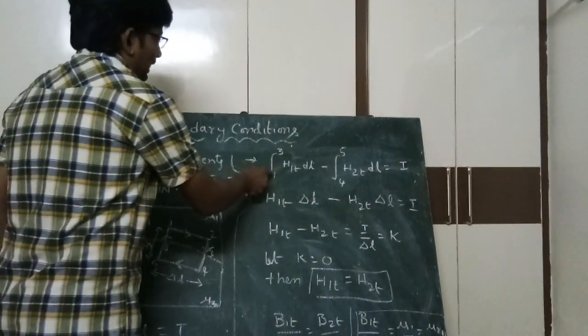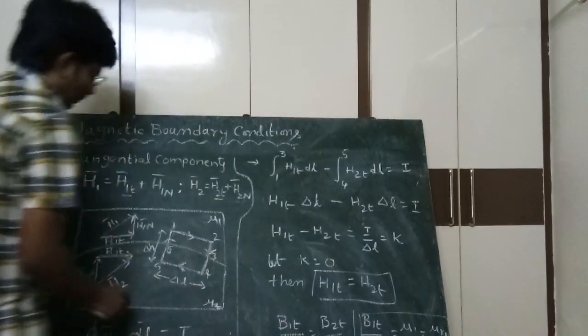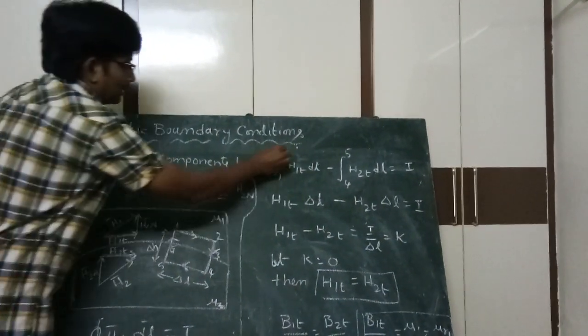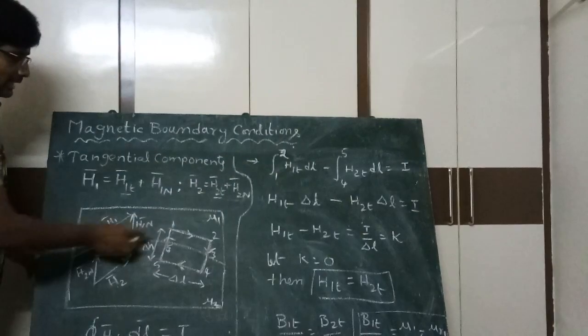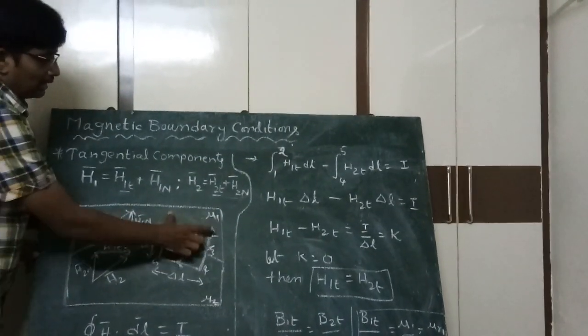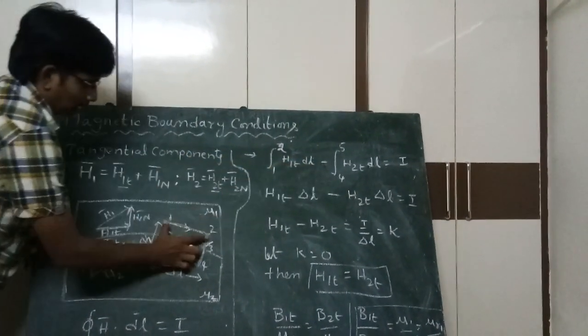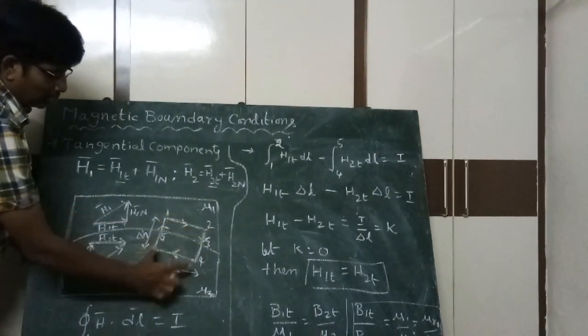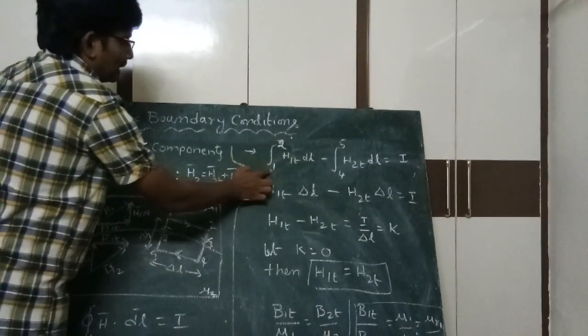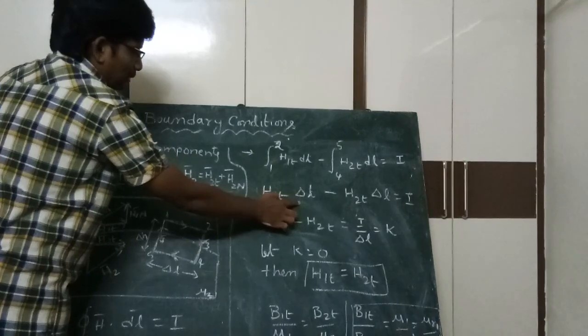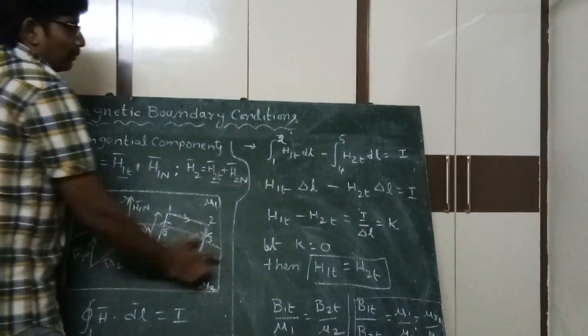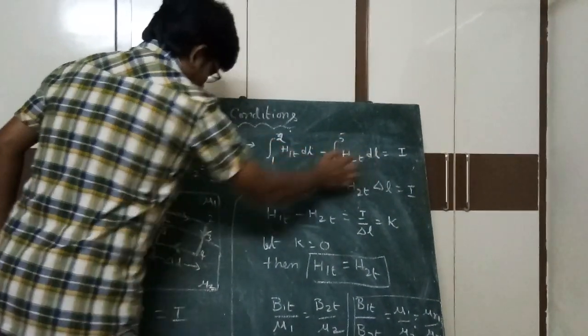And now integral 1 to 3 into dl. Sorry, it is 1 to 2. So integral 1 to 2 dl. The total length of this part 1 to 2 is delta L. So in place of integral 1 to 2 dl we can substitute delta L. This one minus integral 4 to 5 dl.